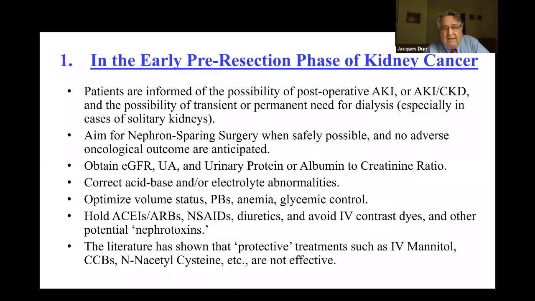In the early phase, we do the usual preparation of the patient, optimize, and you can go over this. Dr. Basile has written several protocols. Many of the PAs and nurses at Moffitt are aware, but they are a little too complex to show on this slide because they are schematic approaches that contain a lot of information.